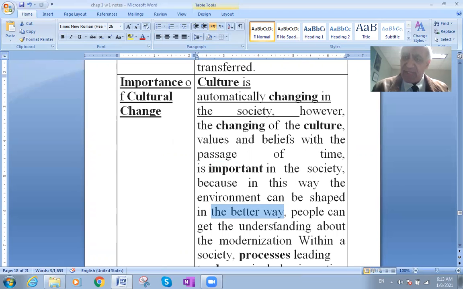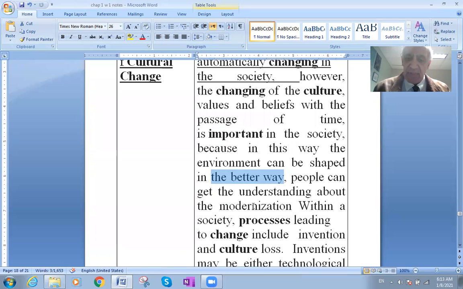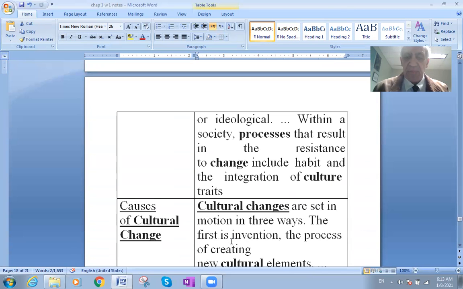Now, even if there is an epidemic, its effect is not to that limit. So the world is moving to a better way of living. That's right. People can get an understanding about the modernization within the society. Processes leading to change include invention, like we said before, and culture loss.